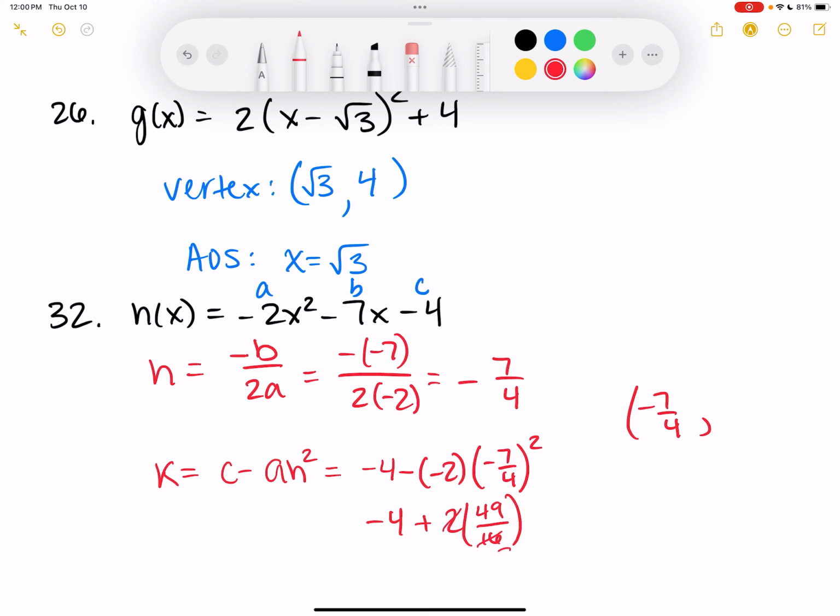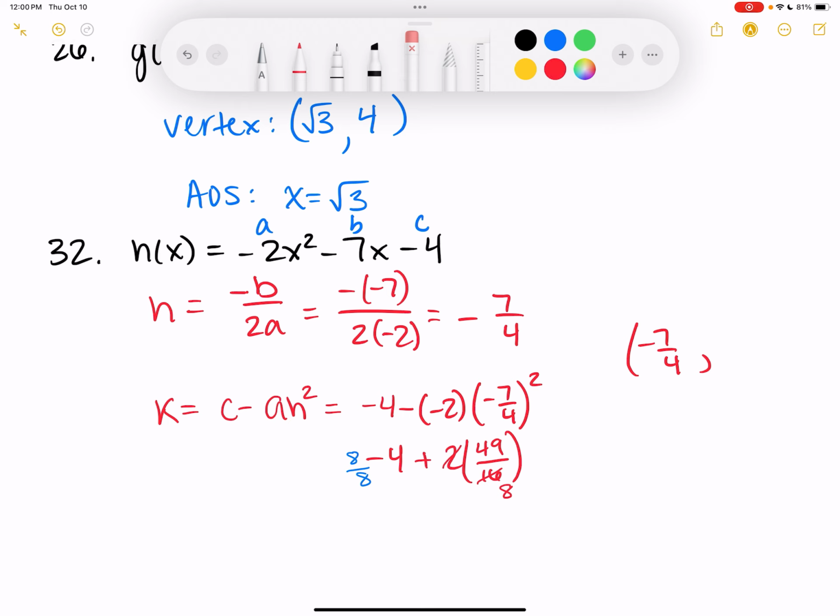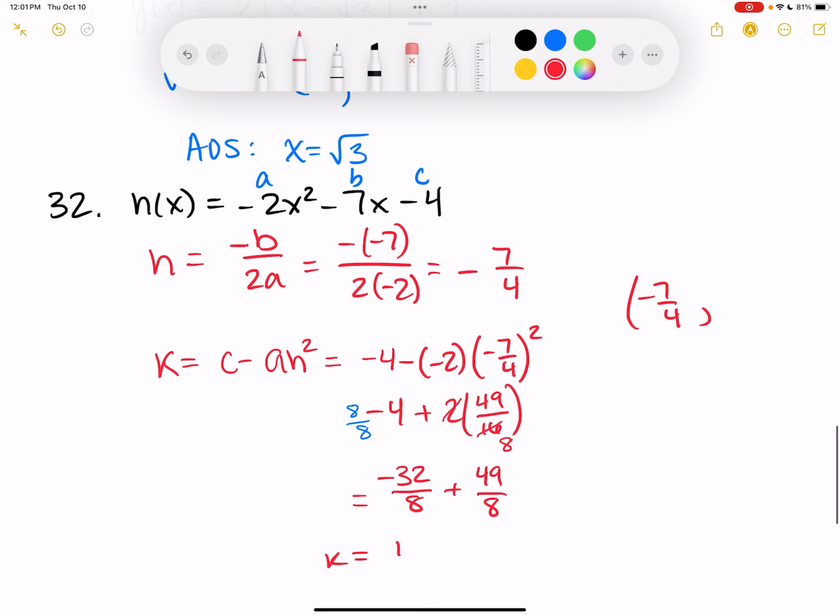So that's going to become an 8. So negative 32 over 8 plus 49 over 8 gives me 17 over 8. Usually they're not annoying fractions like this, but sometimes they are. So 17 over 8. So this would be the vertex.